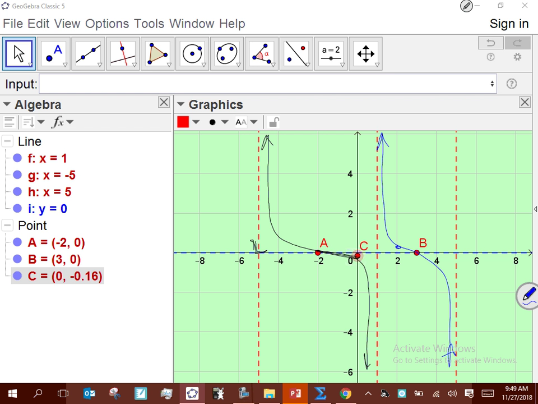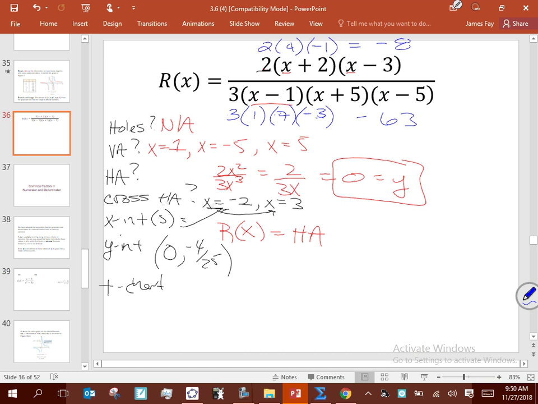Now I've got the outskirts of my graph, so left of negative 5 and to the right of positive 5. I have to do the same thing. I have to go back in and choose a value like negative 6. That's kind of a pain in the butt. So try negative 6 and plug negative 6 into here. 2 times negative 6 would give me negative 4, negative 9, so that's 72.